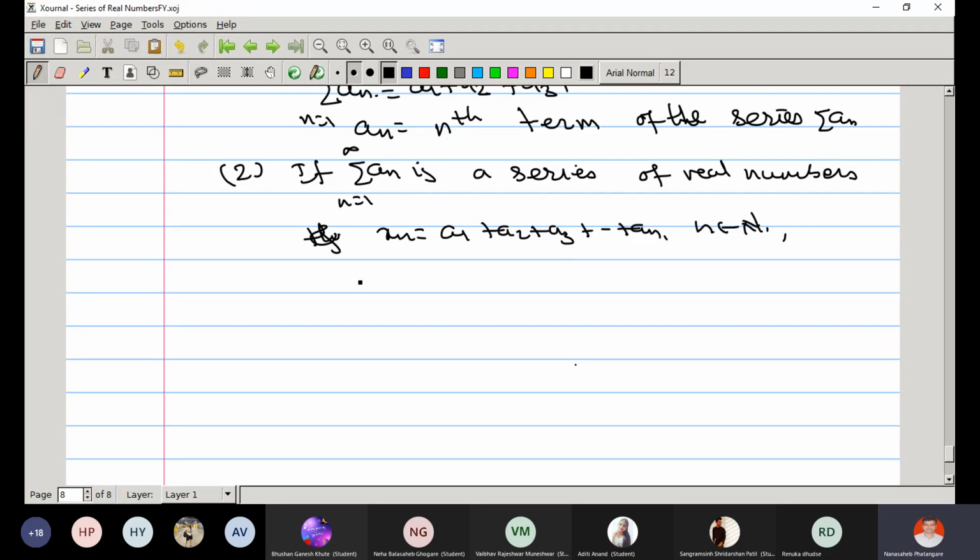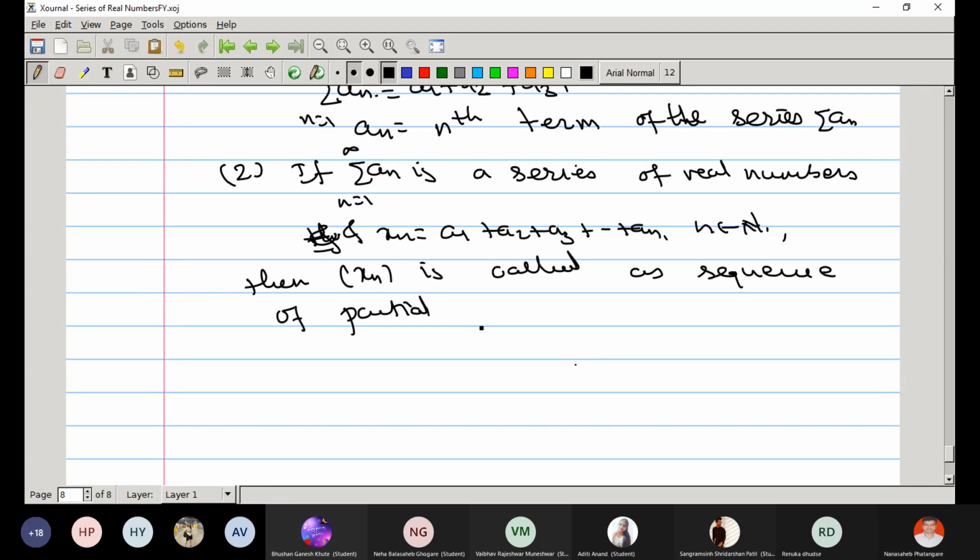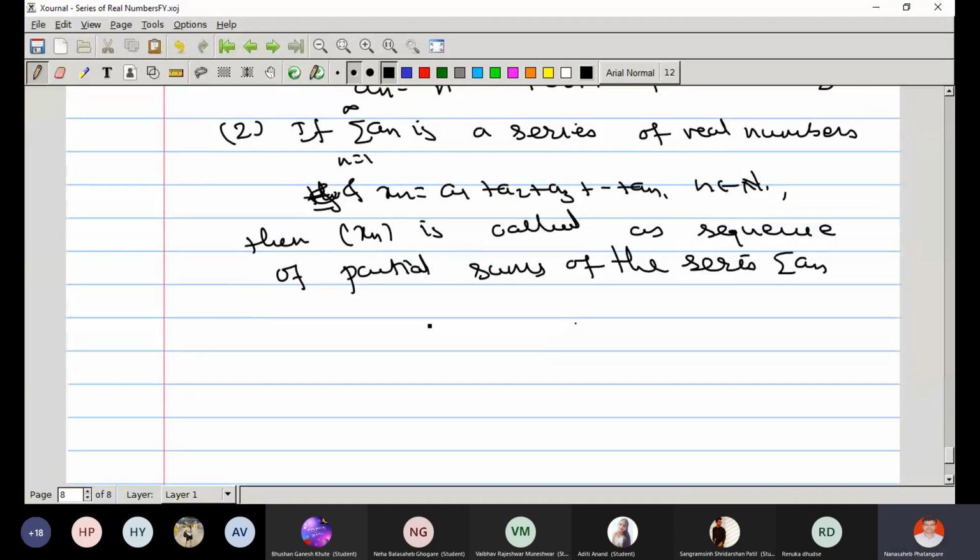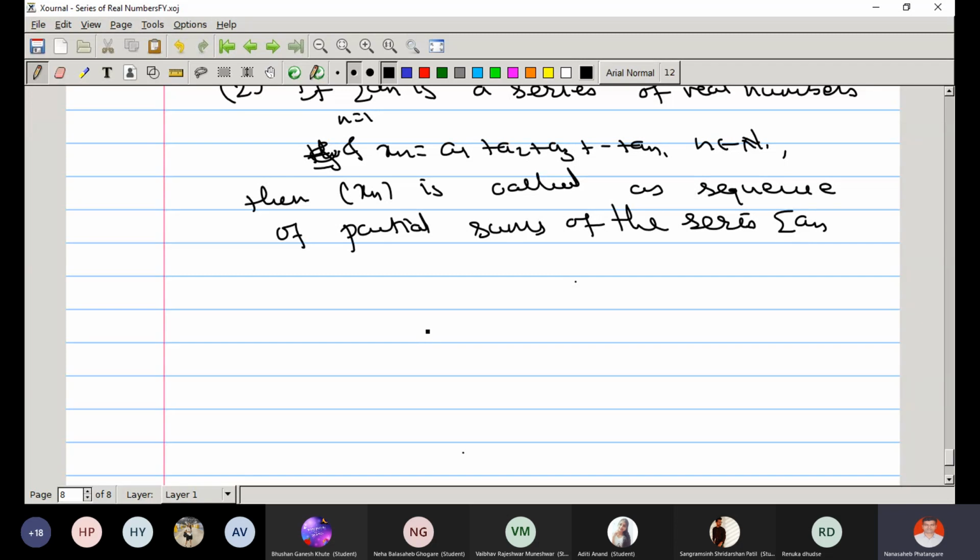Then xn is called the sequence of partial sums of the series an. That means we are taking partial sums, not the whole sum, and that gives us a sequence x1, x2, x3.